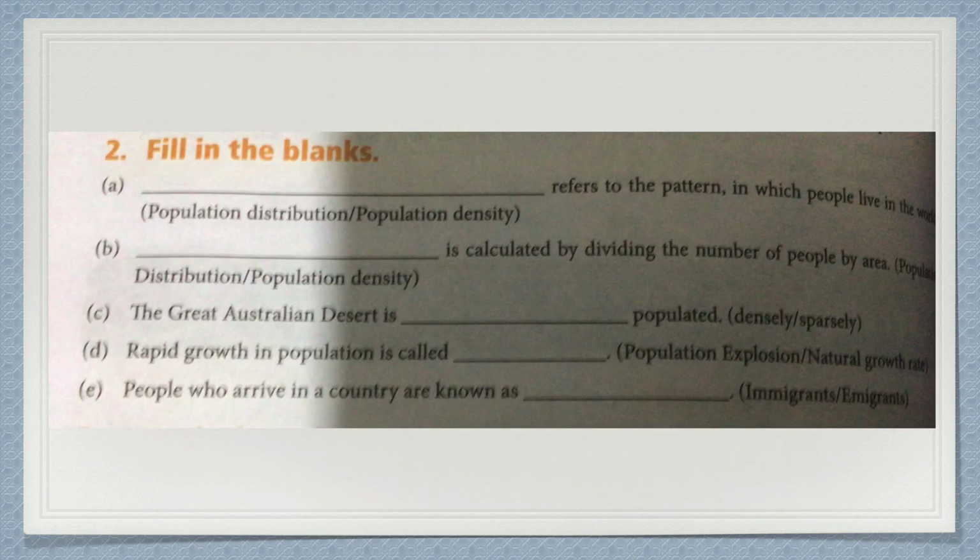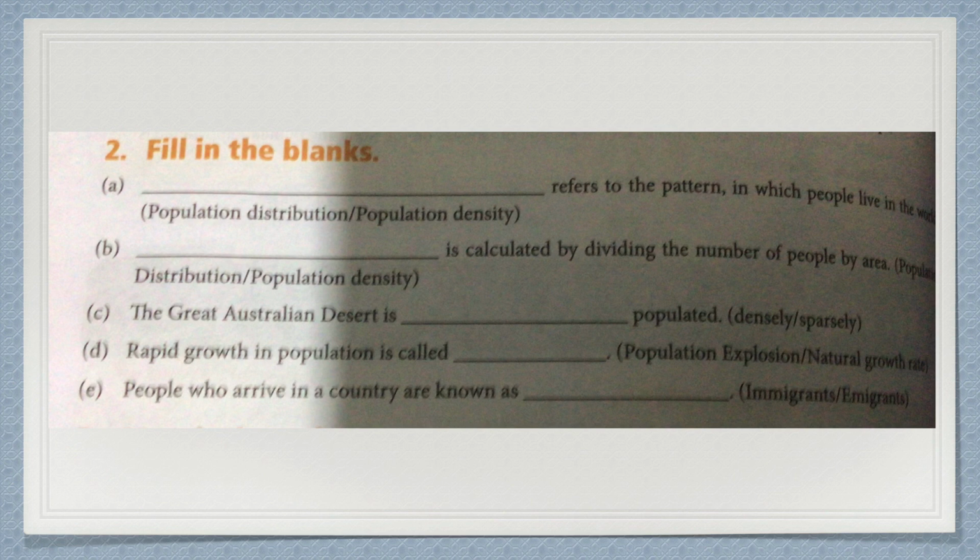Fill in the blanks. Dash refers to the pattern in which people live in the world. And the answer is population distribution. Number B. Dash is calculated by dividing the number of people by area. And the answer is population density. Number C. The Great Australian Desert is dash populated.